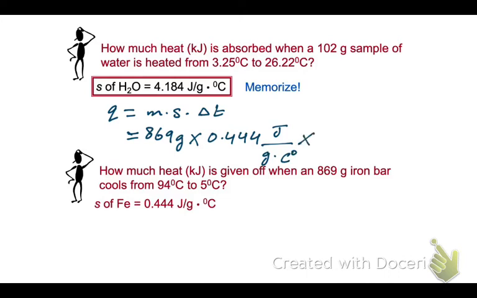And change of temperature, the final is 5 degrees Celsius minus 94 degrees Celsius. Now pay attention, this is T final and this is T initial, which means this subtraction will be a negative sign, which is totally fine because the Q here is exothermic.